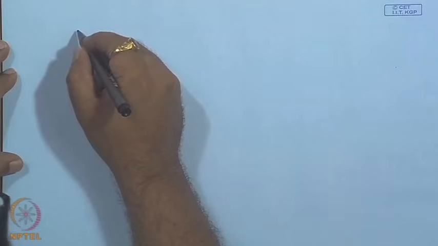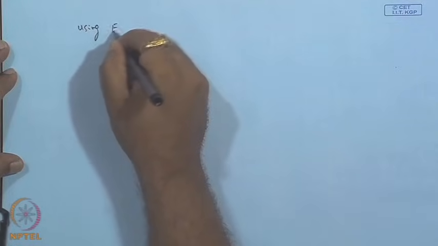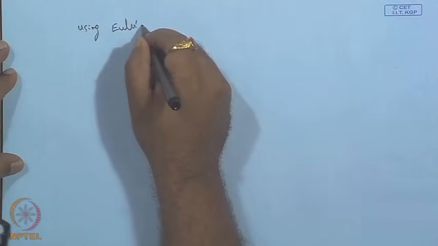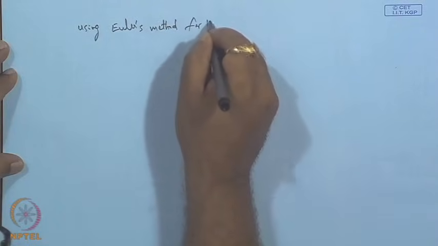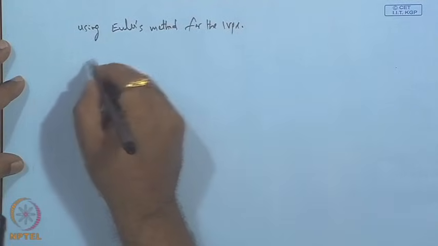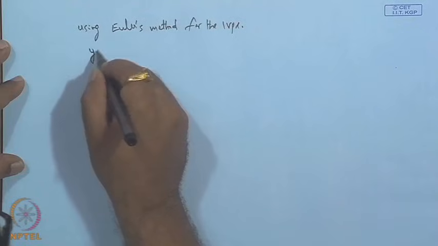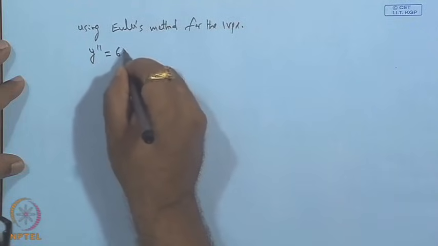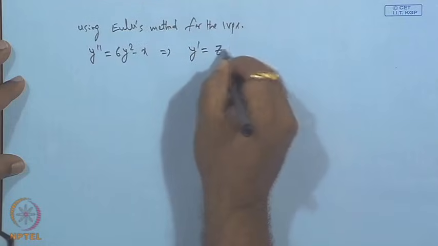So, we define, using the Euler method for the IVPs, we reduce to the system.